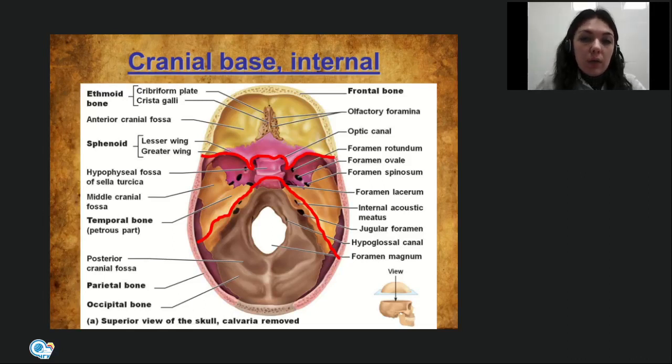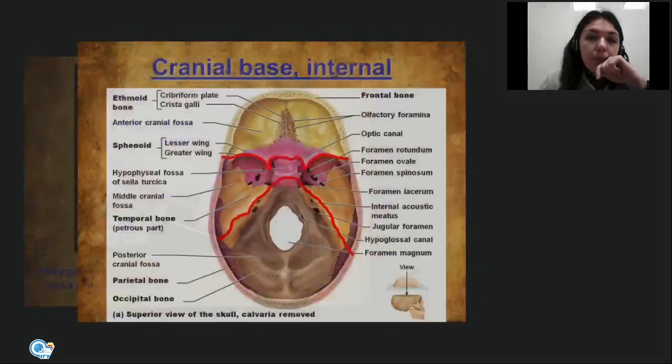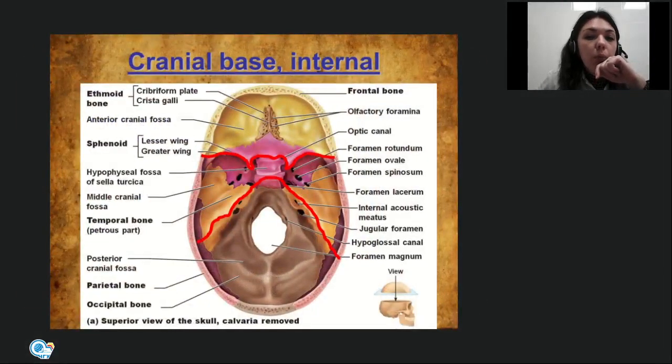Posteriorly, it is separated from the middle cranial fossa by the posterior margins of the lesser wings of the sphenoid bone and, in the middle, the tuberculum sellae. Everything that is in front is the anterior cranial fossa. It is the most superficial, and it is formed by the orbital parts of the frontal bone, the cribriform plates of the ethmoid bone, and the lesser wings of the sphenoid bone.